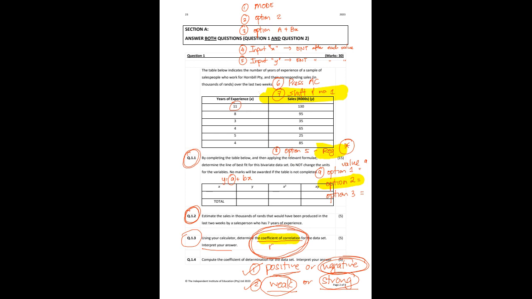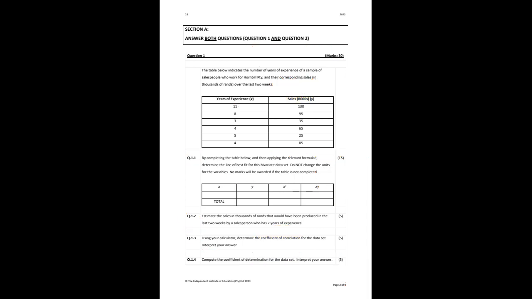Let's have a look at question 1.2 here. So question 1.2 is saying to you, sorry, just backtracking a bit. I didn't even realize I was below the table. So here it says, estimate the sales in thousands of rands that were produced in the last 2 weeks by a salesperson who has 7 years worth of experience.